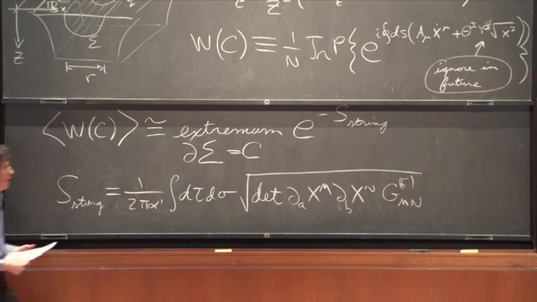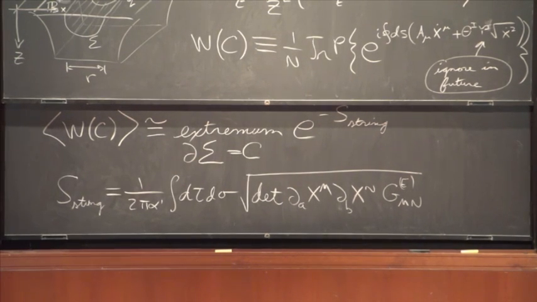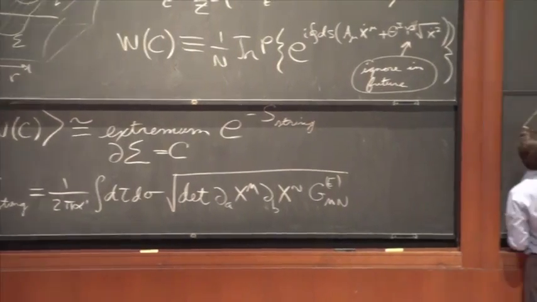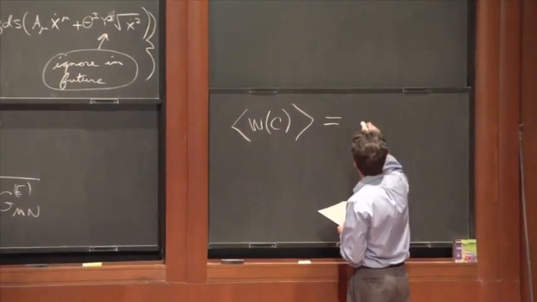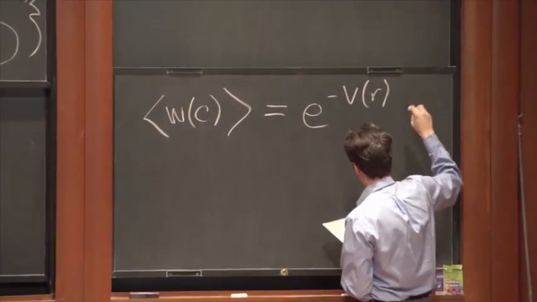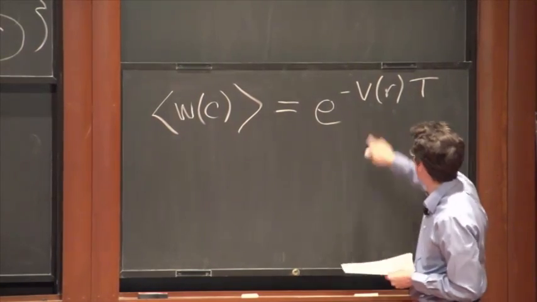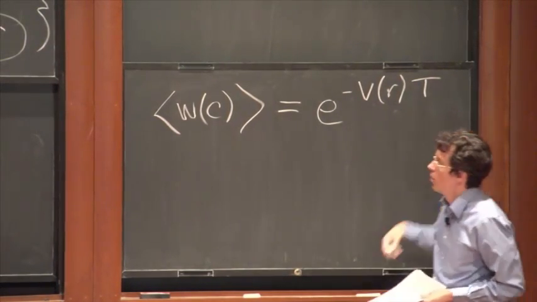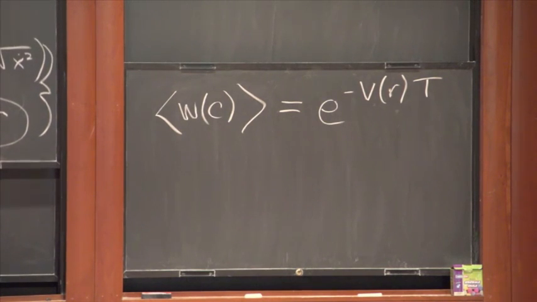So with that subtraction in place, what you find is that there's some result V of r times the time over which the quark exists.